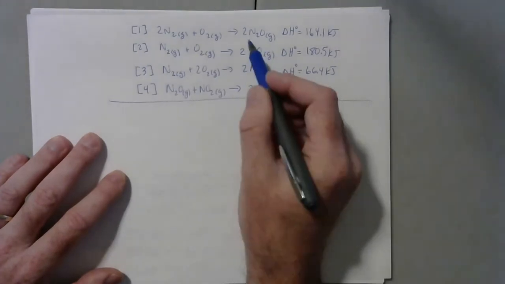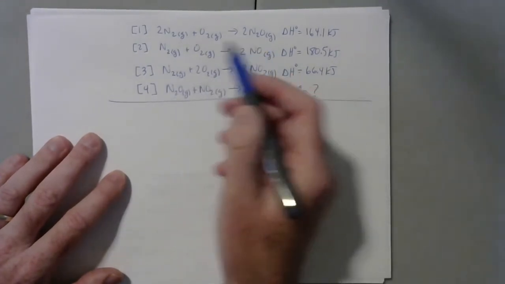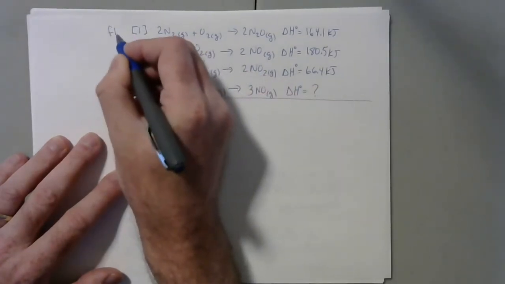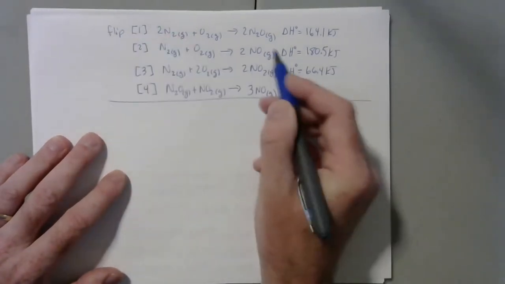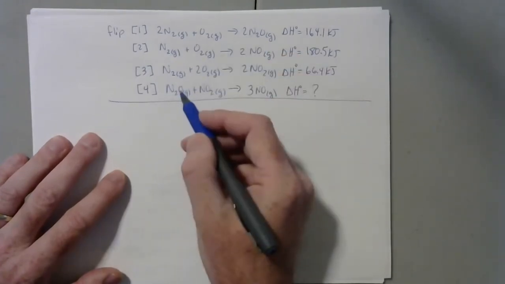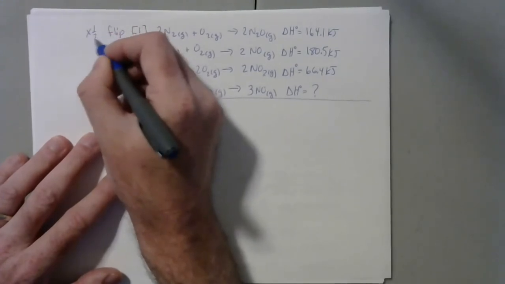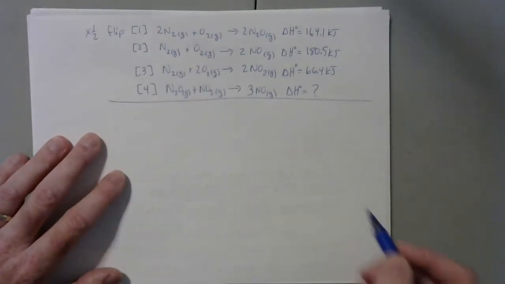Okay, if I look at the N2O compared to the N2O, I'm going to have to flip that to get it on the correct side of the reaction, and the coefficients don't match. So I'm going to have to multiply that by 1/2 or divide by 2.